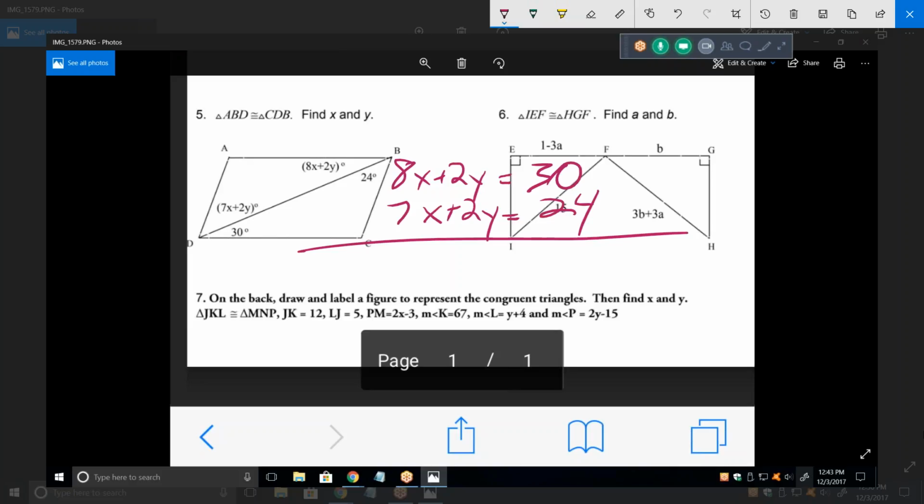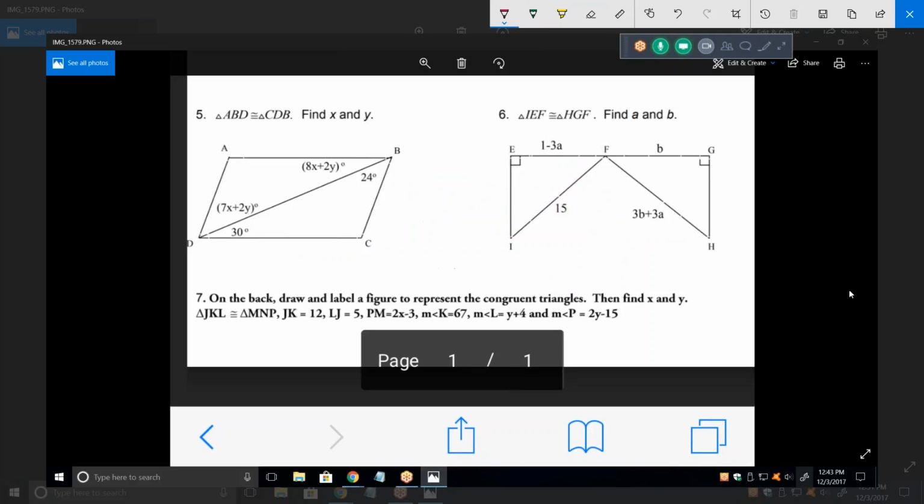I don't have to add them. I can subtract them also. If I subtract 2y from 2y, I get 0. And this gives me the answer in one step. So don't forget about being able to subtract equations. Sometimes it's a lot more efficient than doing what you have to do to add equations.